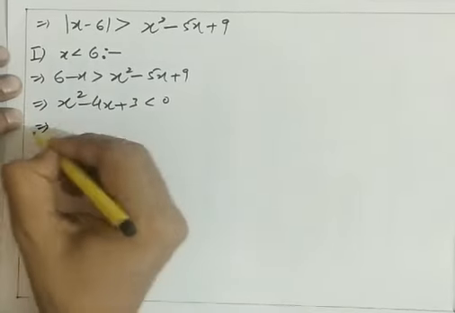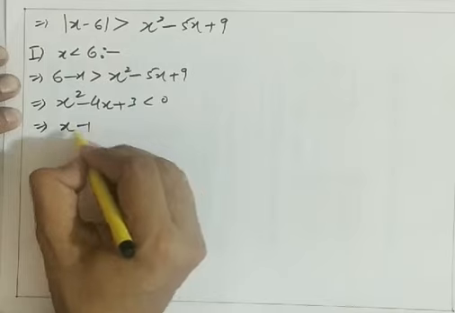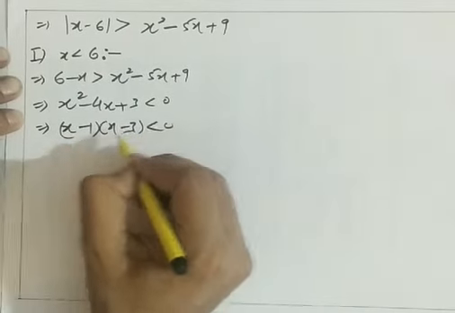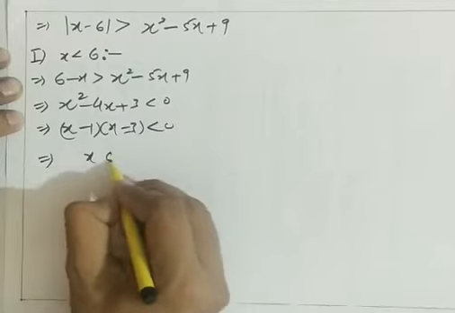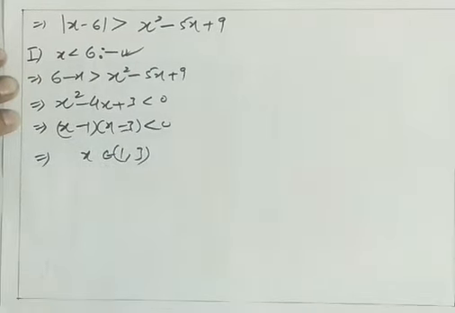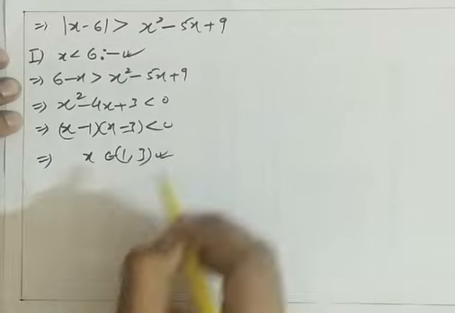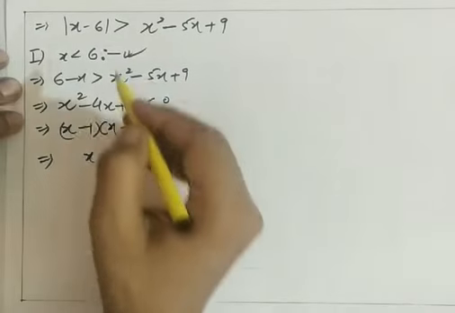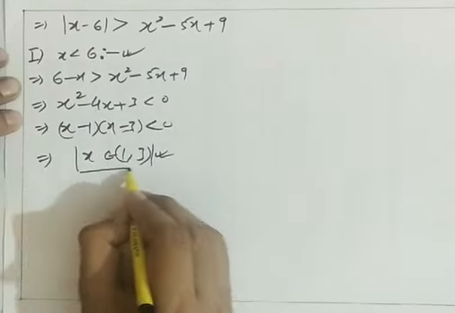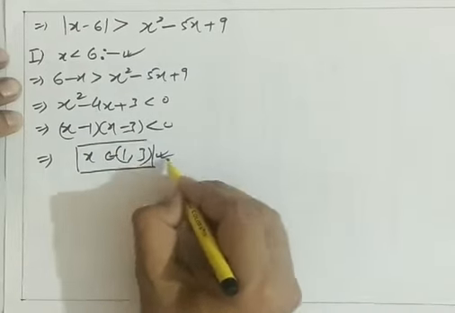And this will become x minus 1 into x minus 3 less than 0. So that is x belongs to 1 comma 3. You can see our interval was x is less than 6, and our answer has come out to be between 1 and 3. So this answer is satisfying x is less than 6 also. So that means the answer for the first case will be x belongs to open interval 1 comma 3.